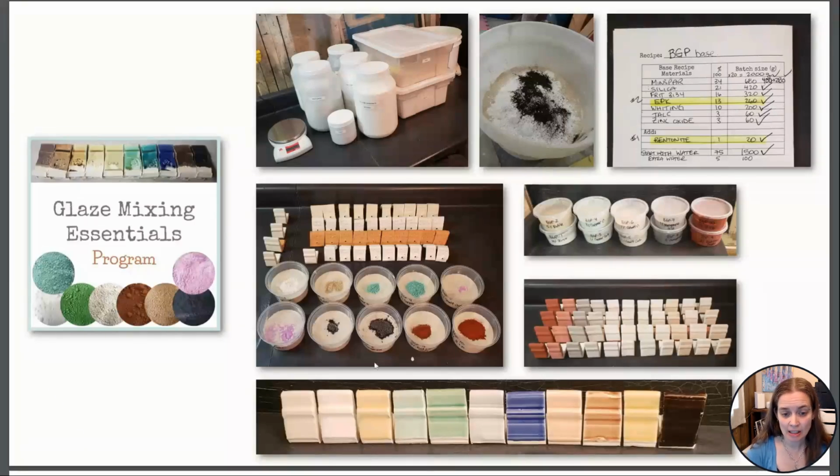And then you get into colorant testing. So you mix a big base glaze, and then you divide it into all these containers, and then you add a different colorant to each one. I did my test on 4 different clay bodies, and then you end up with this rainbow of glaze colors, all with the same base glaze.